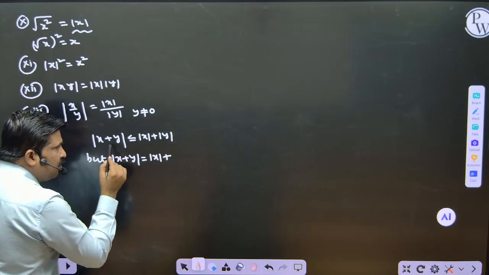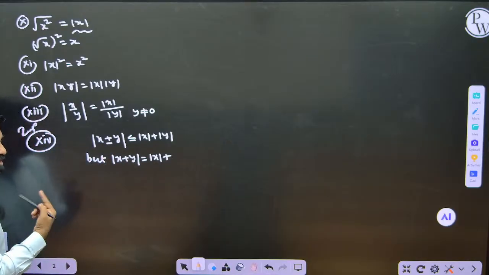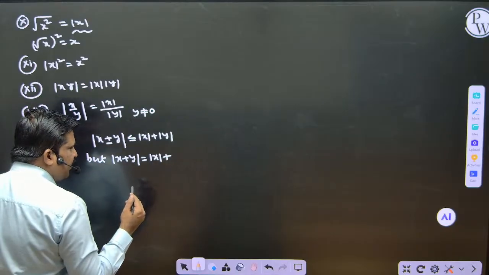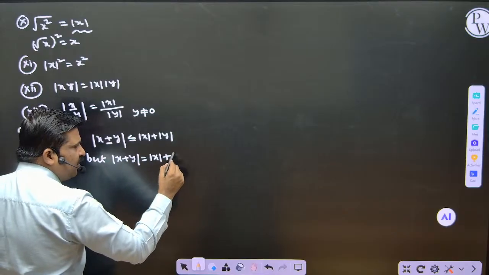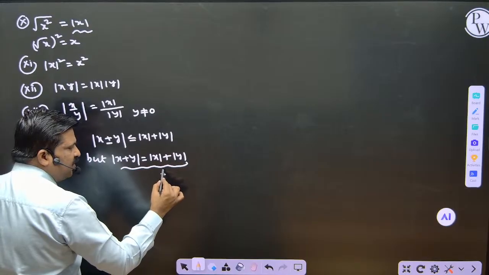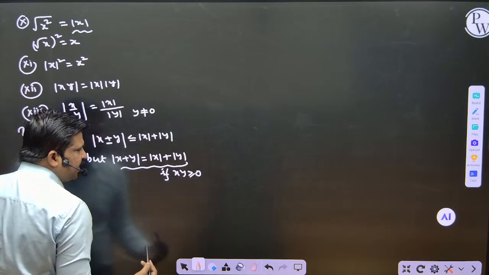Modulus of x plus or minus y, you can take plus or minus also, is always less than or equal to mod x plus mod y. So modulus of x plus y is equal to mod x plus mod y is possible if x and y have the same sign.